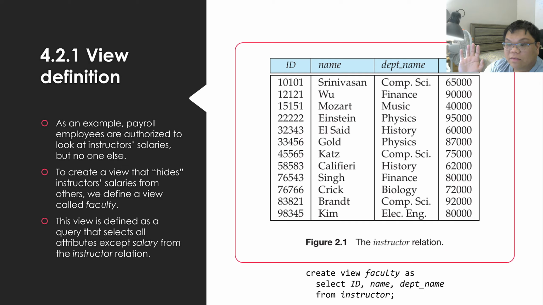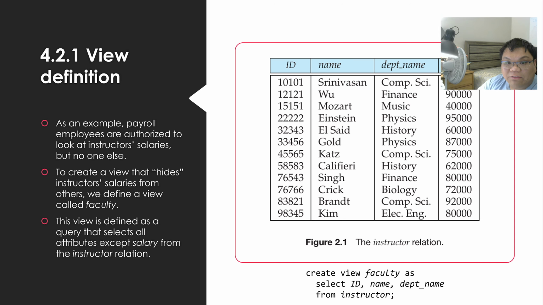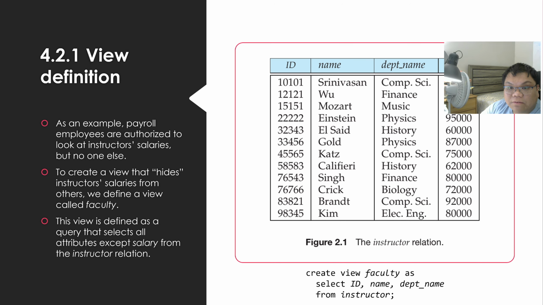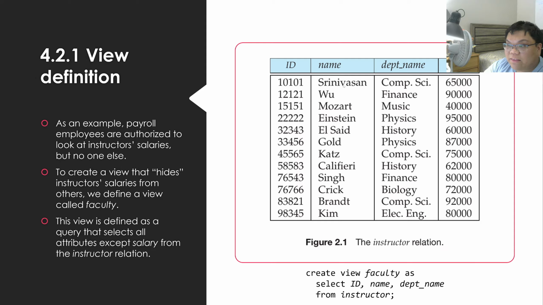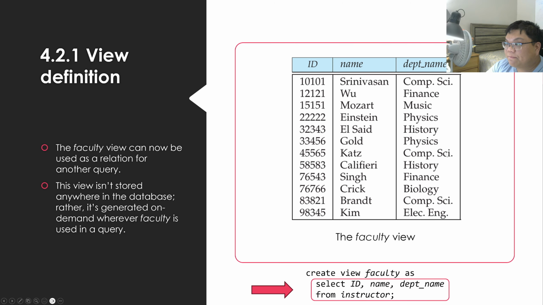Payroll employees want to work with the instructor relation because that's the relation that has salary information. For everyone else, they don't get to view this. Instead, they get to view an abridged version of the instructor relation that we're going to call faculty. We define that relation as a query that selects everything but salary. So here's the faculty view.